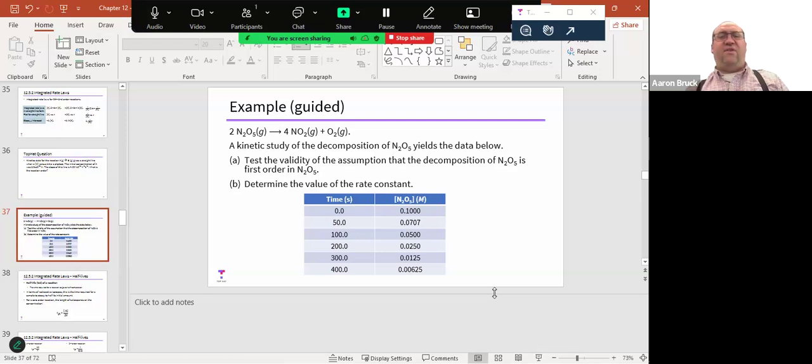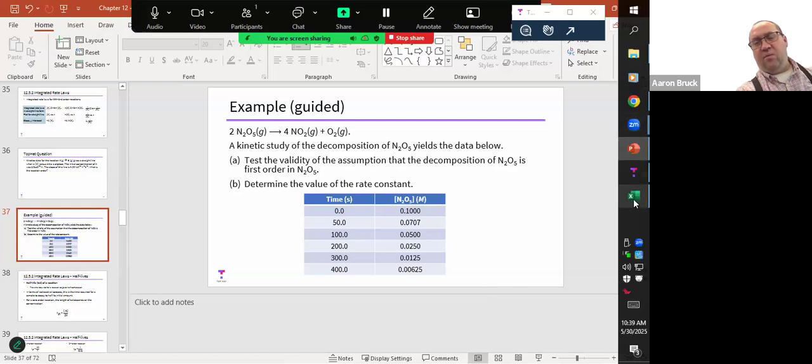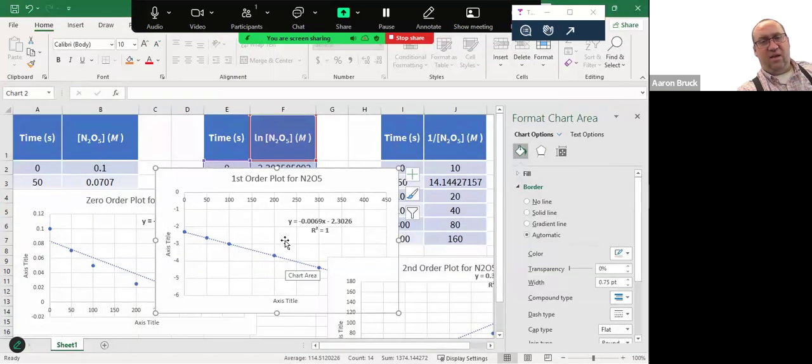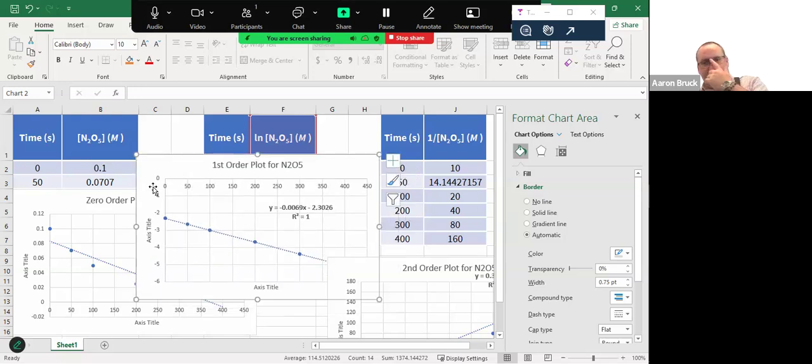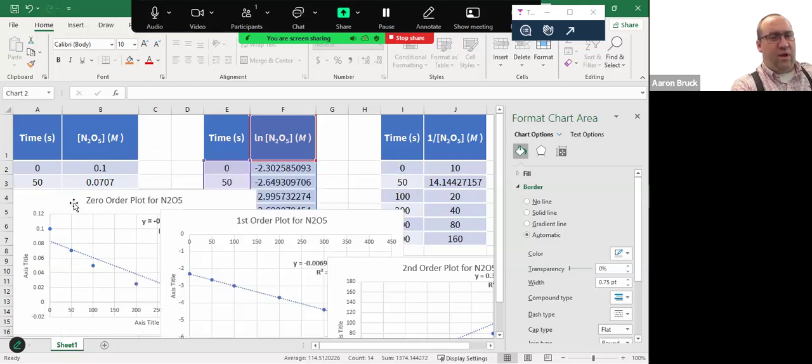Now, the second question is, what is the value of the rate constant? For that, we need the slope of the line. Now, here's one place where we do want to make sure that we're being careful.